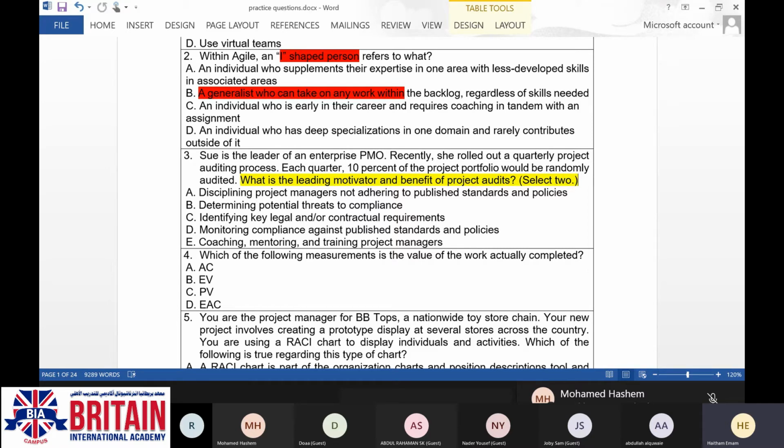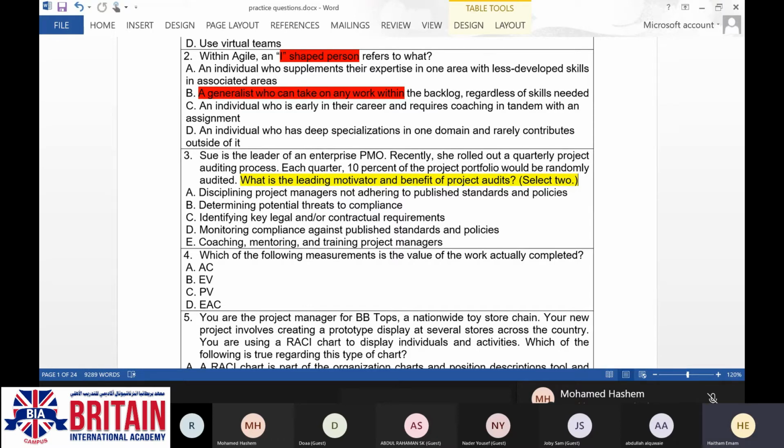We haven't started working on it. Now it is between the actual cost, earned value, and the estimate at completion. For the value of work actually completed, here we are talking about the actual work which we have completed right now. We are not making a forecast for the future or the remaining part of your project, which is what the estimate at completion represents.